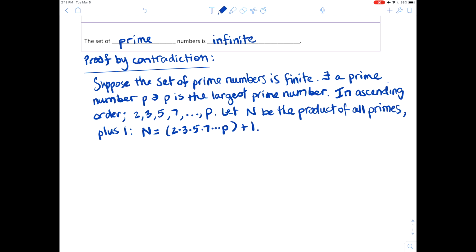Well, what do we know about N? We know that N is greater than 1 because you've added 1 to a positive product, right? And what else do we know? We know that N is divisible by some prime number q.